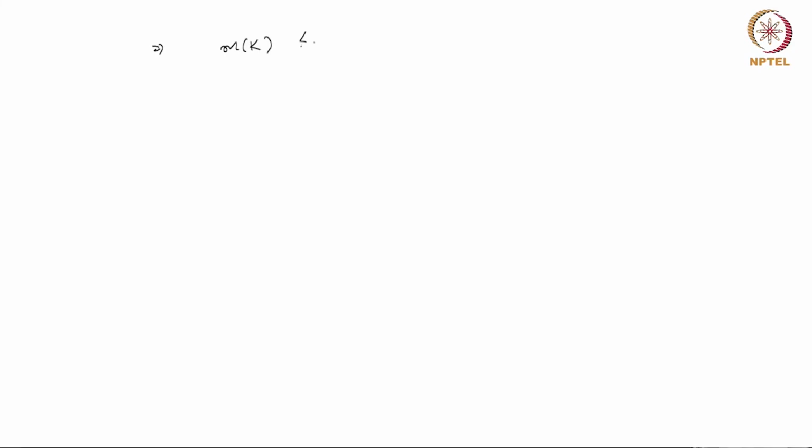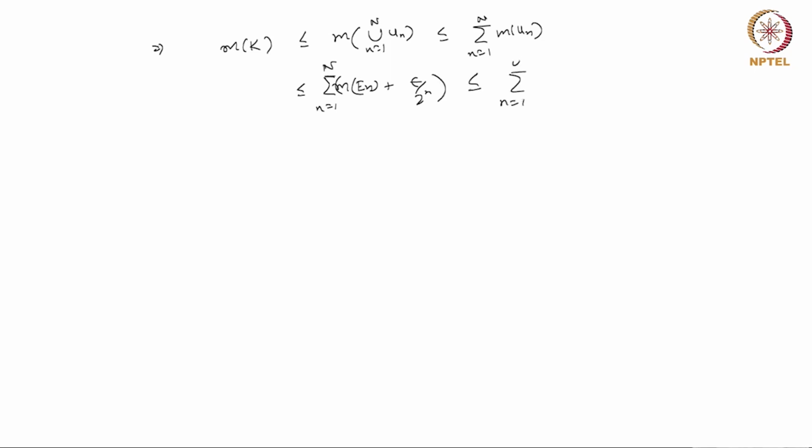So mK is less than or equal to the measure, just as we did before, this is less than or equal to the finite sum of m(Un), which is then less than or equal to the sum n equal to 1 to capital N of m(En) plus epsilon by 2 to the power n, which is again less than or equal to the sum n equal to 1 to infinity of the measure of En plus epsilon.